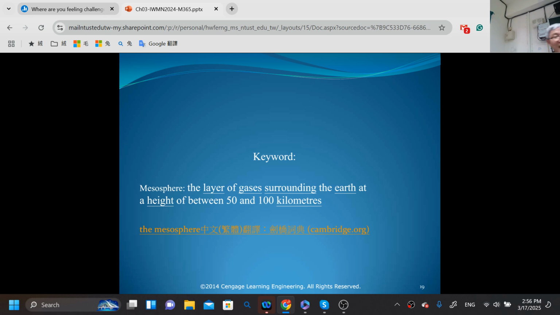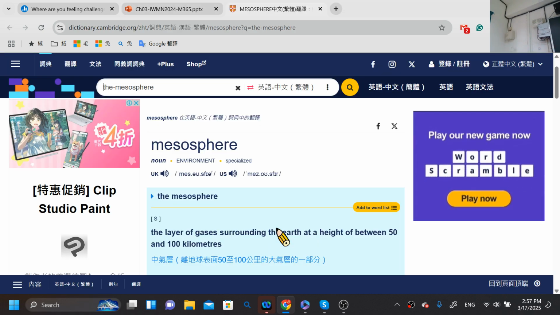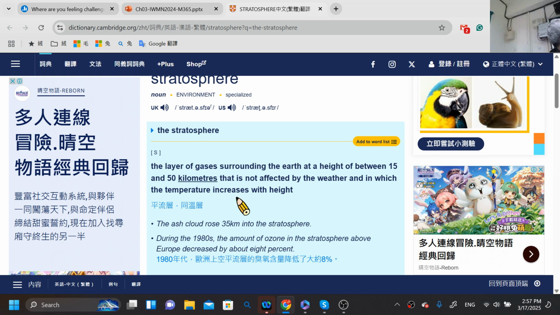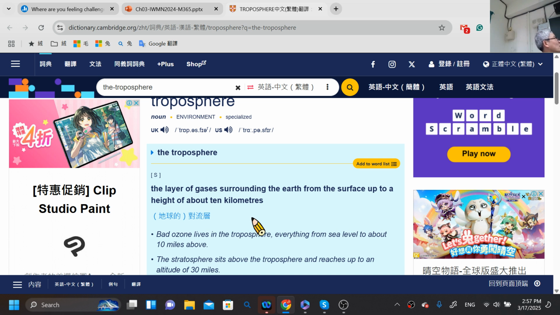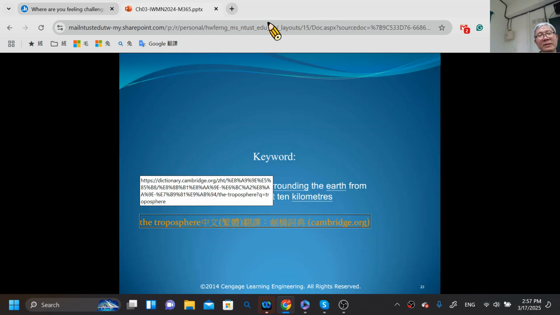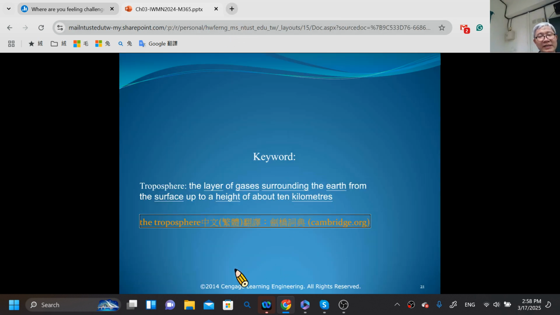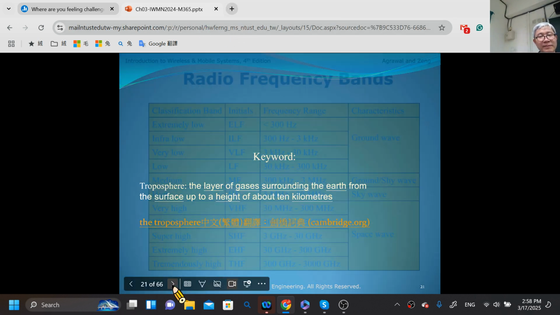I don't know its layer, right? This, mesosphere. This one. Stratosphere. All right. So we have different layers, and based on different layers, we will have different mechanisms to transmit the EM waves. So I don't have all of this, and then we can go to the next one.